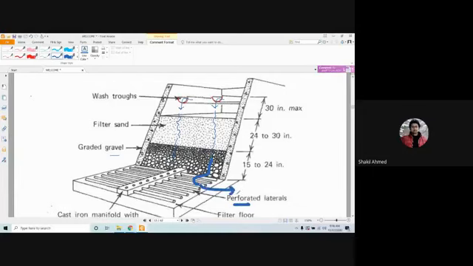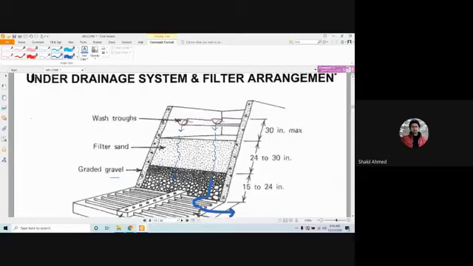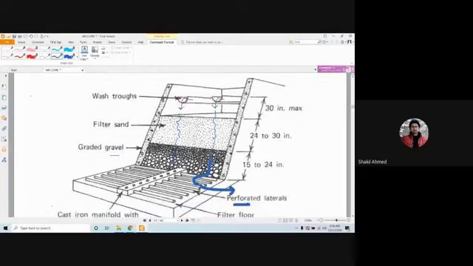Perforated means which is porous, you have pores. Okay. Now look at this. First of all, look at the arrangement of the size of the particles.